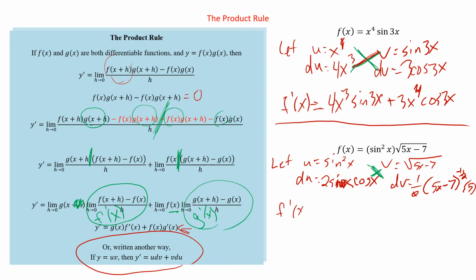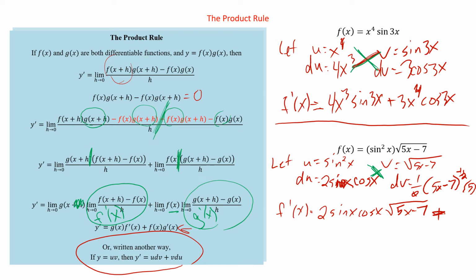f prime of x. We have 2 sine x cosine x times the square root of 5x minus 7, plus we have the sine squared times the 1/2 square root, or the 5/2.